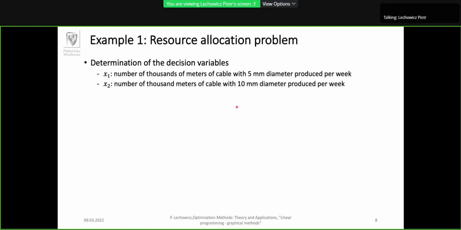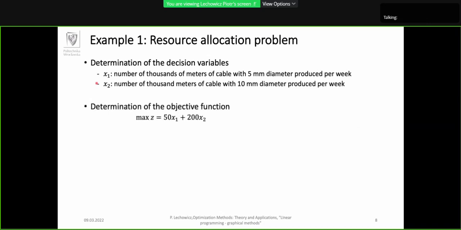We have two variables. X1 is the number of thousands of meters of cable with a smaller diameter produced per week, and X2 is the number of thousands of meters of cable with higher diameter produced per week.